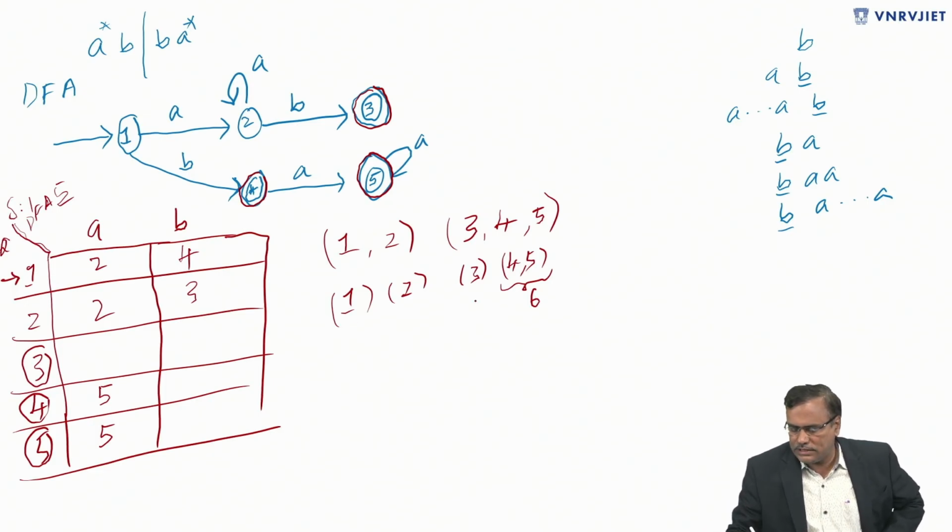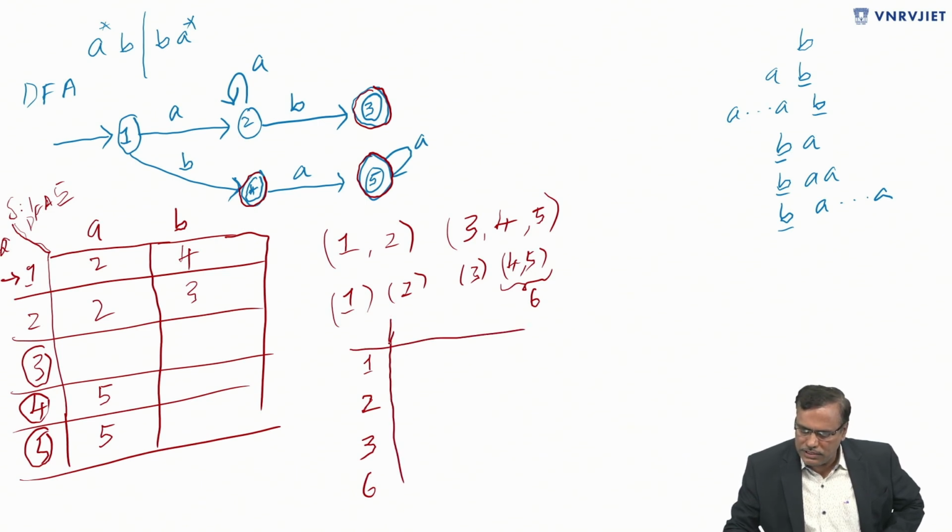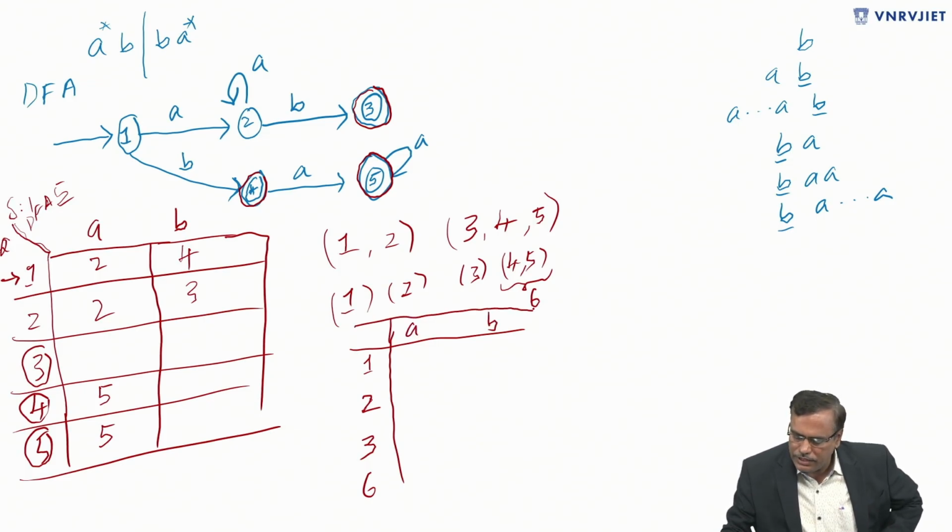Now, what are the states you are going to have in the minimized DFA? From this, I am going to define the transition table of this minimized DFA. 1, 2, 3 are states, and 6 is a new state. And you know the input symbols that you have: A, B.